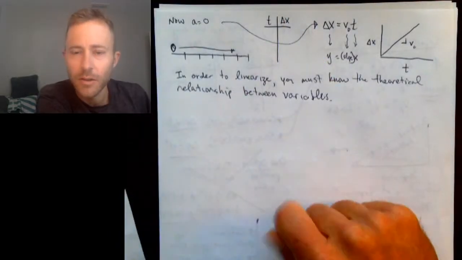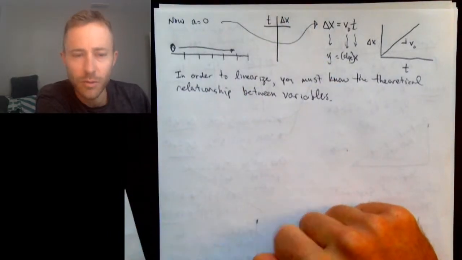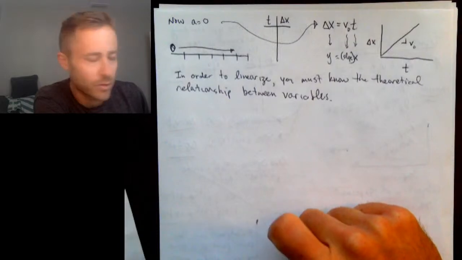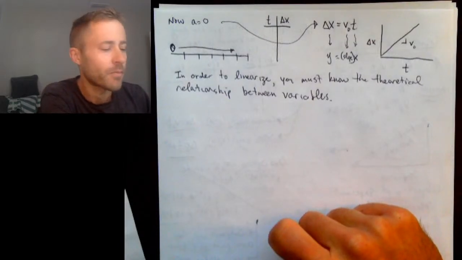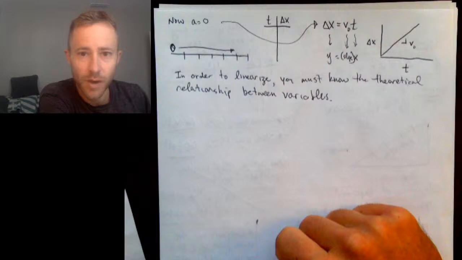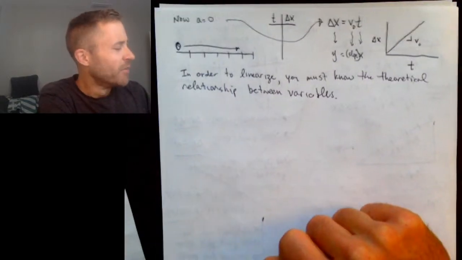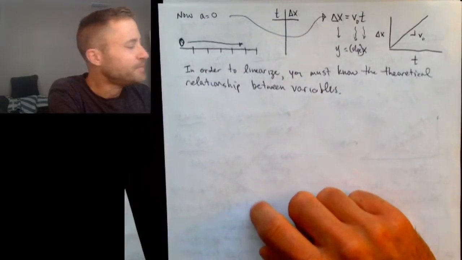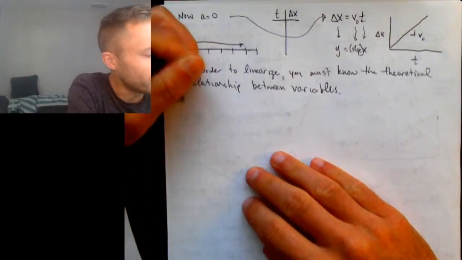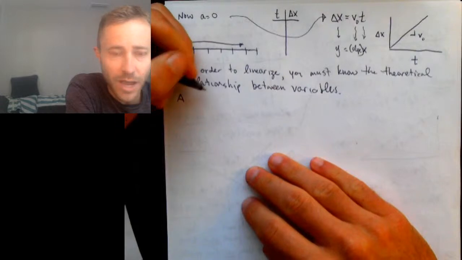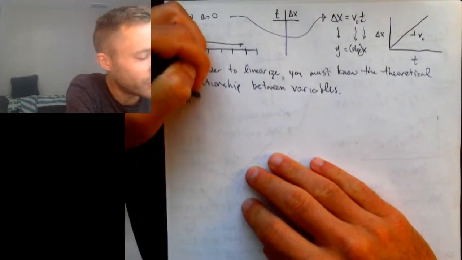You must know the theoretical relationship between the variables in order to linearize a graph. Let me give you an example of this. This example is going to review a little bit of energy. So this is an energy experiment.